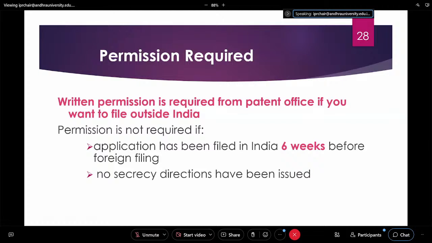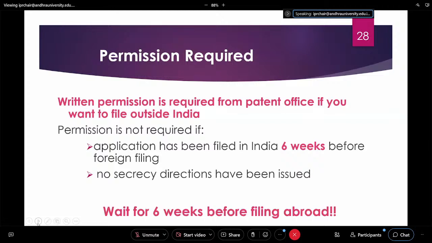And if the Patent Office has not issued a secrecy direction on your patent application, in that case also you can file in other countries. Otherwise, you need to take written permission from the Indian Patent Office that you are not filing in India and you are going outside. So this is a very important thing.